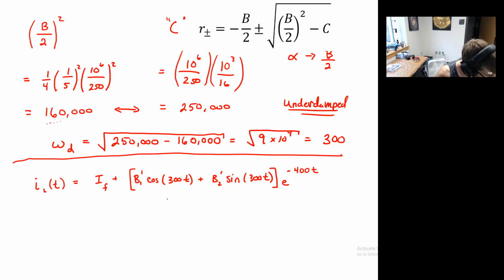The handy-dandy table also tells us, for example, that the current at time 0, whatever value that is, should be the final current plus B1. And we, of course, already know what the initial current through the inductor at time equals 0 should be. We found that at the very beginning.